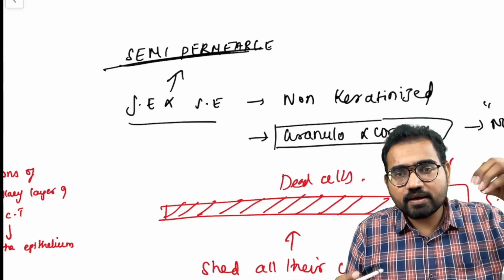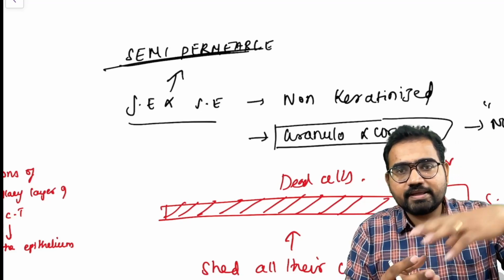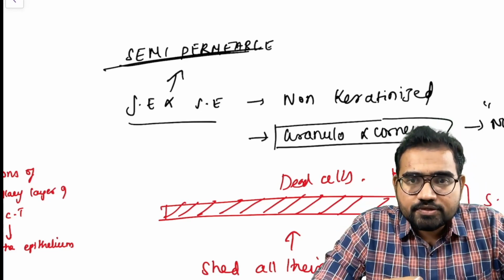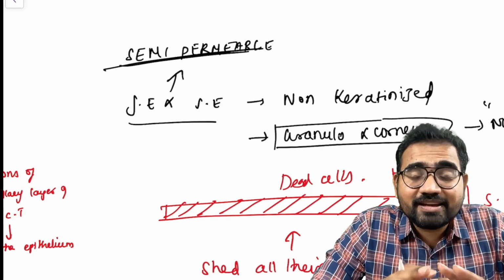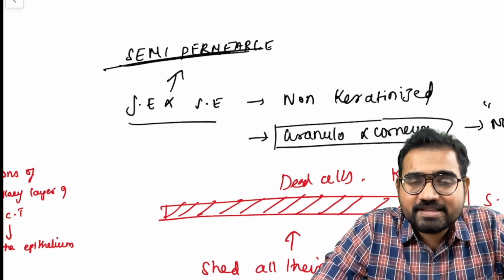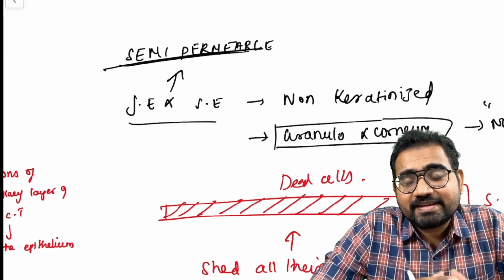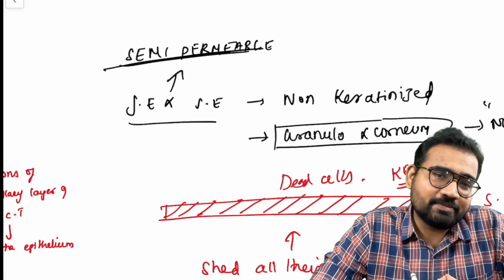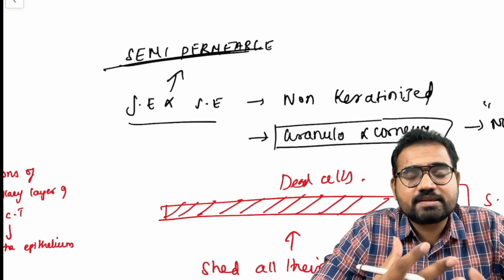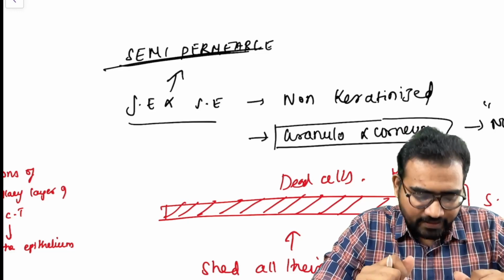That is the reason it allows substances to go out and substances to come in, such as GCF, neutrophils, leukocytes, and bacteria to enter. This is the only significance. Very simple, right? Excellent.